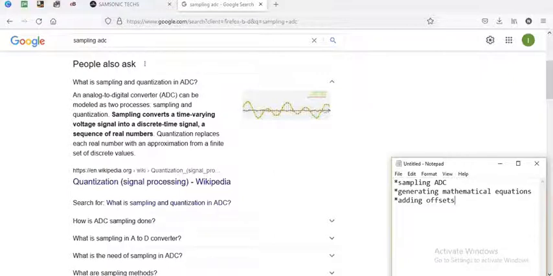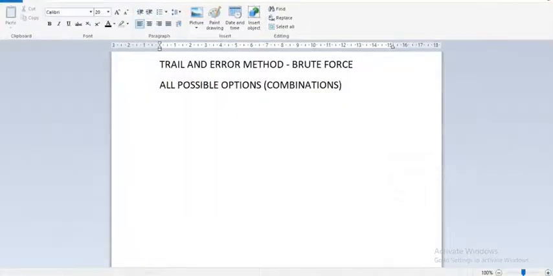Assuming you want to take a reading from your microcontroller, and those readings are jumping up and down. Maybe it's an AC voltage you want to read, and it's oscillating. You can actually sample the signal.